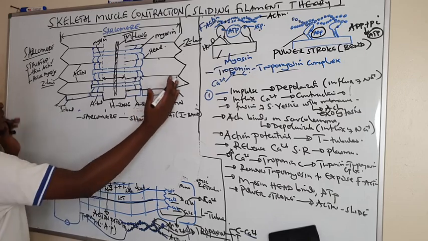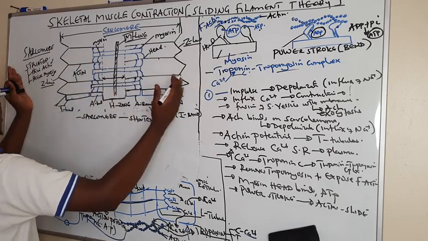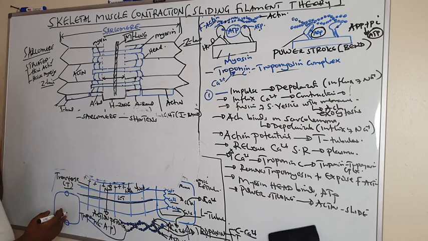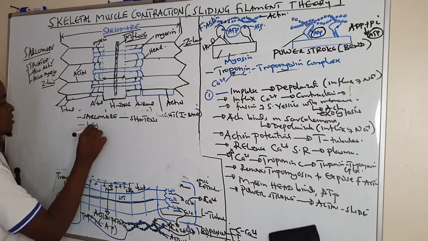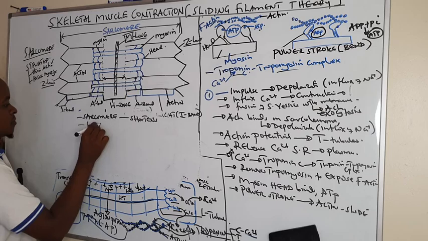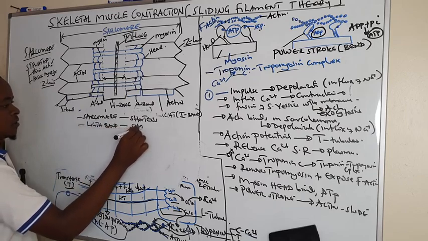Why is it shortening? Because we are pulling the Z line. The actin, as they are sliding over, they are pulling the Z line. So the sarcomere shortens. Then after shortening, even the light band also shortens.